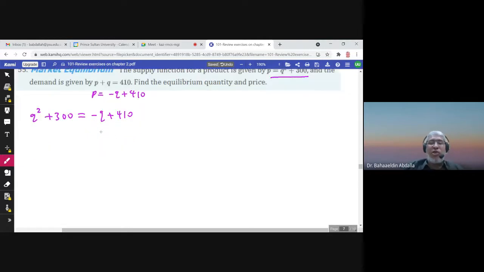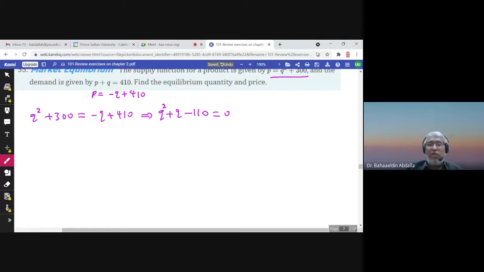This means you are solving the two equations together. This is a quadratic equation, so I'll take everything to the left-hand side. 300 minus 410 is negative 110. Now you can try to solve this equation by factoring, or by the quadratic formula.